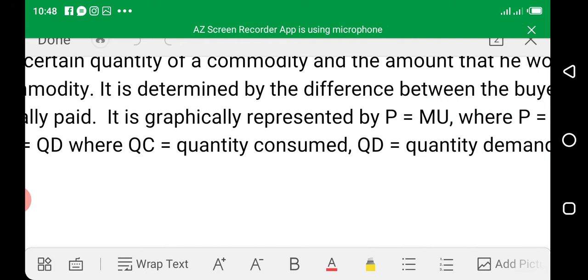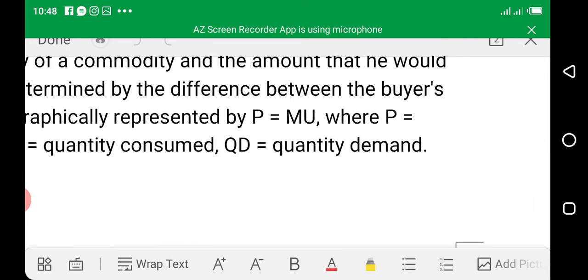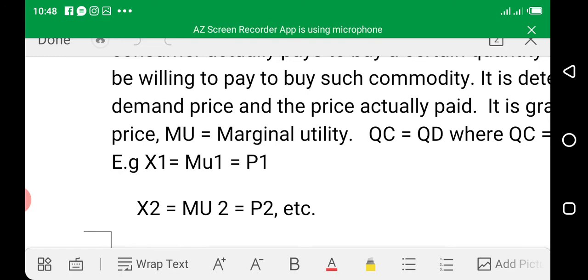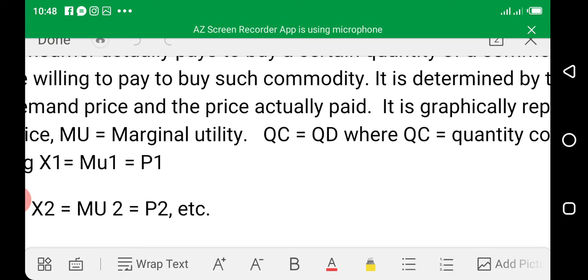It is determined by the difference between the buyer's demand price and the price actually paid.